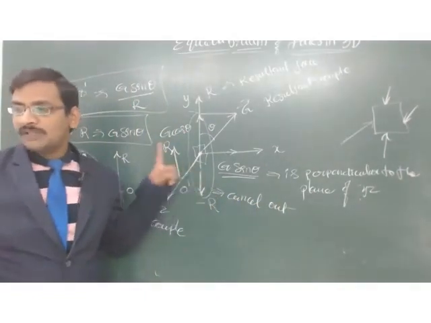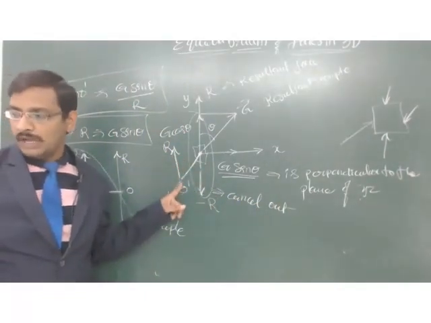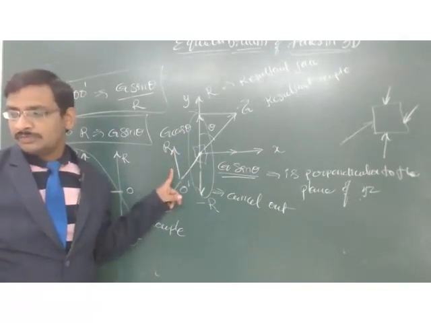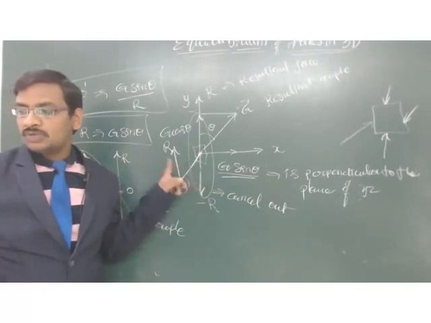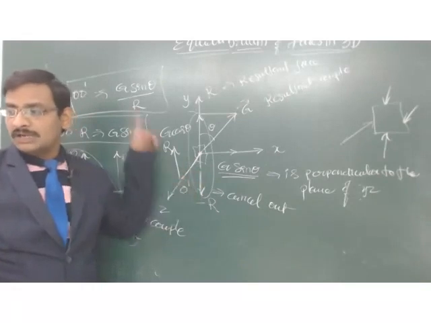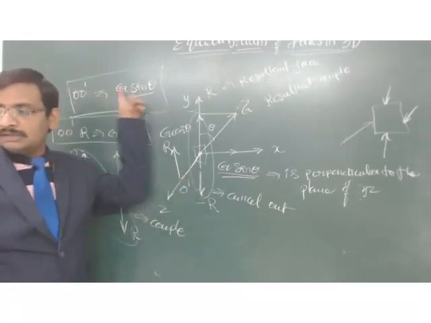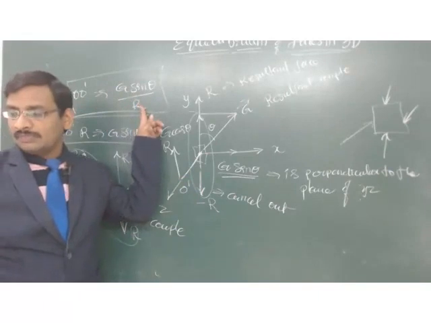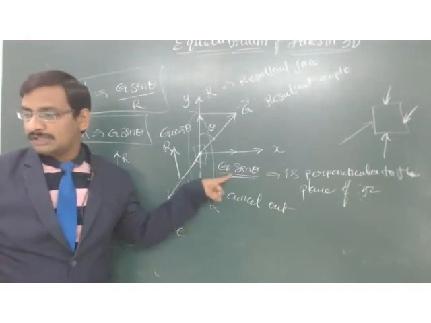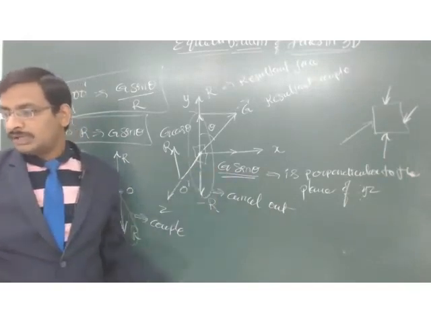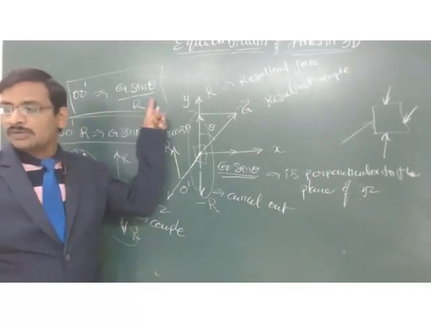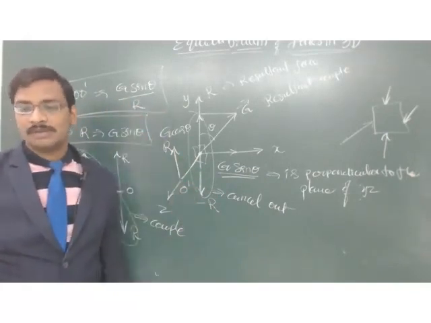Then I am left with only one force acting at O dash, and that force magnitude is R. See this, these two are randomly chosen forces, and I have selected them such that it is equivalent to R, so that I can calculate the O dash value simply. This is a randomly selected moment whose magnitude should be equal to g sin theta, and that random value I have kept as R. Hence O dash should be equal to g sin theta by R. So this is for simplicity.